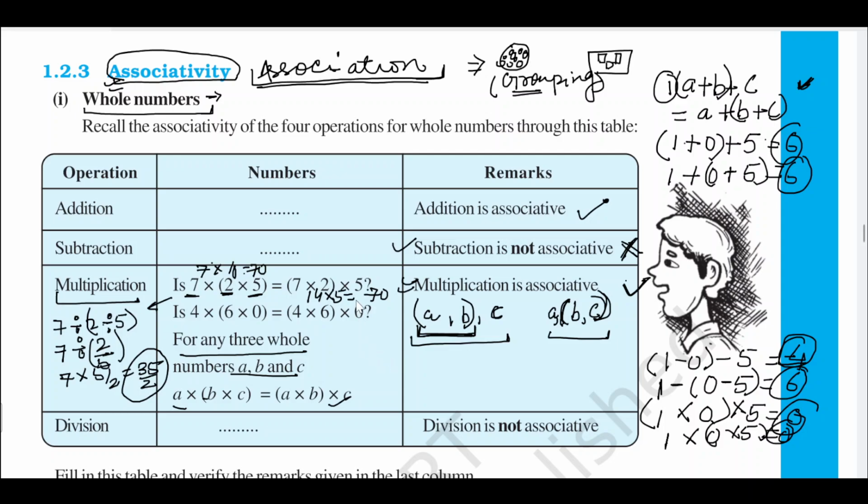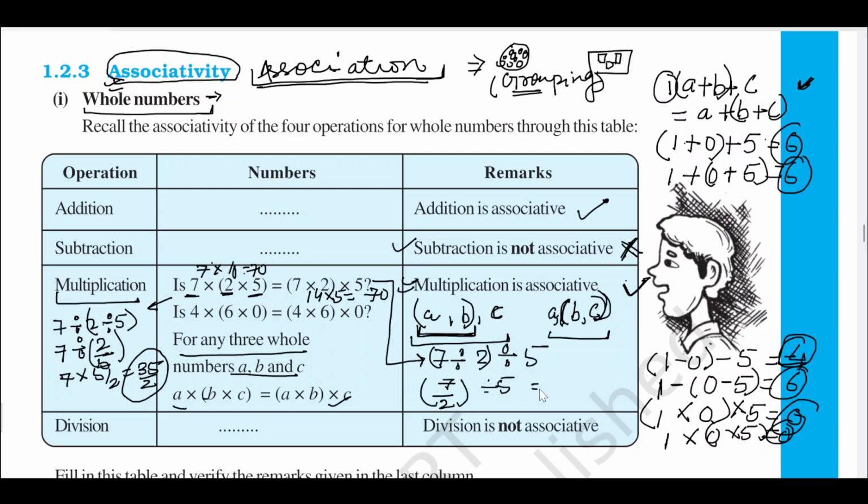So we will write this one as (7 divided by 2) divided by 5. So first we will have to solve this one. This is 7 by 2 divided by 5.